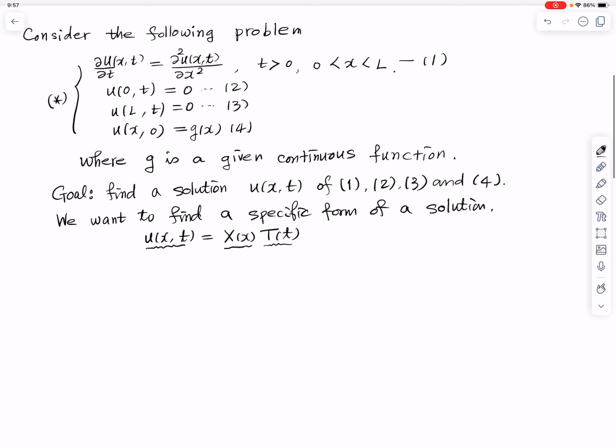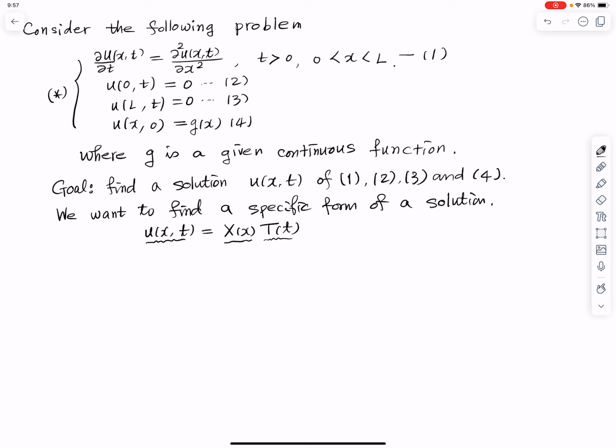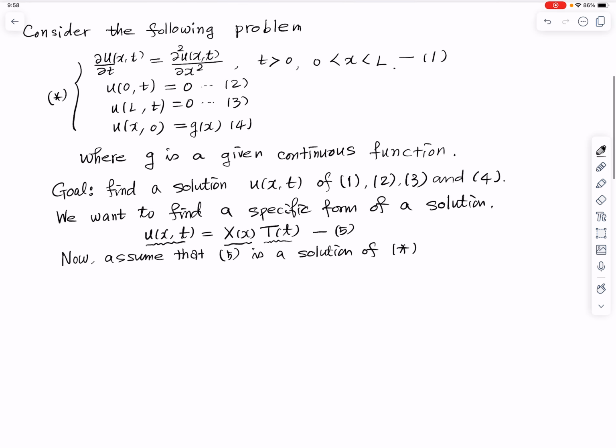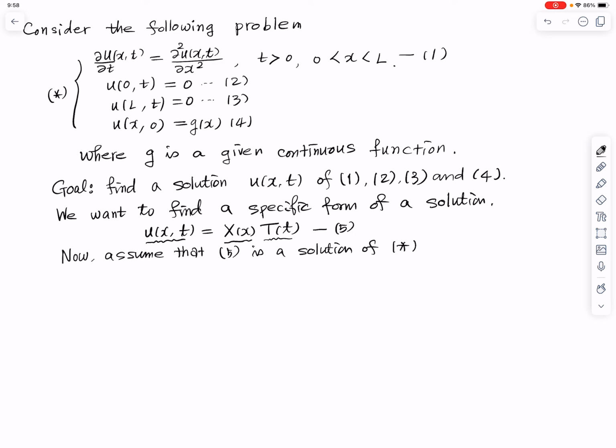So for now, just assume that this, let's call it 5, is a solution of star, and also that X is not constantly 0, and T is not constantly 0.